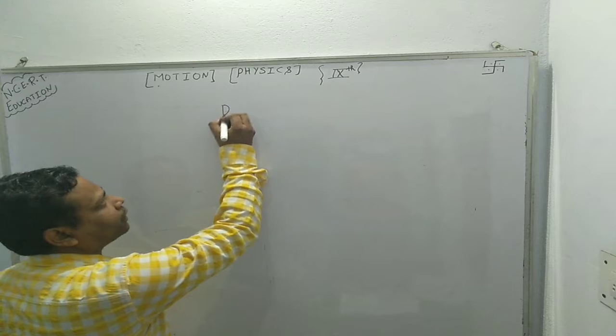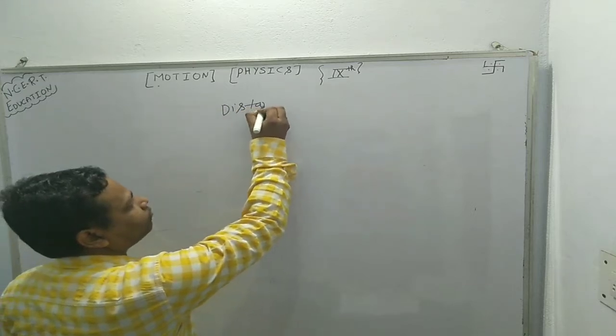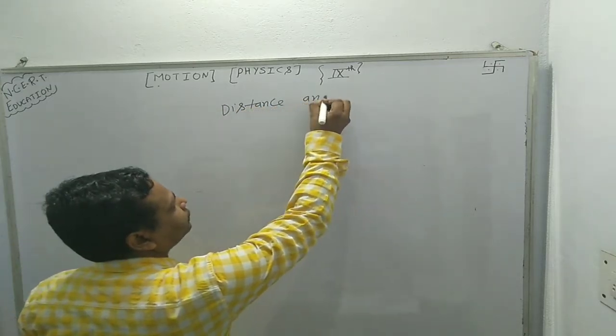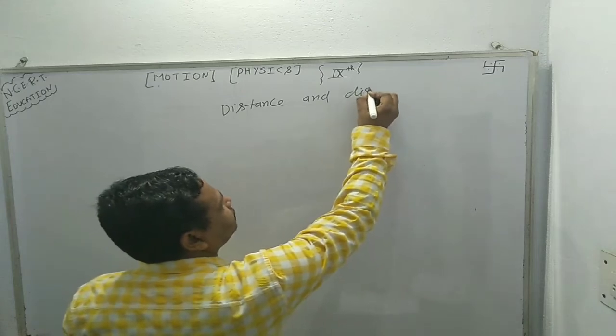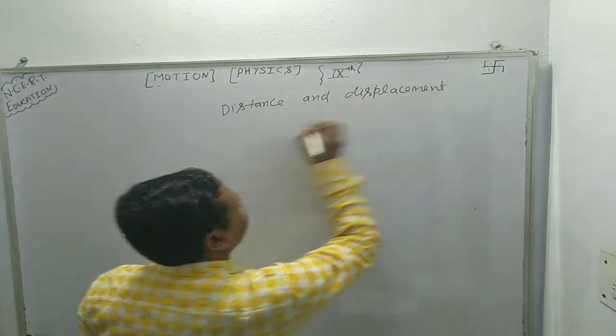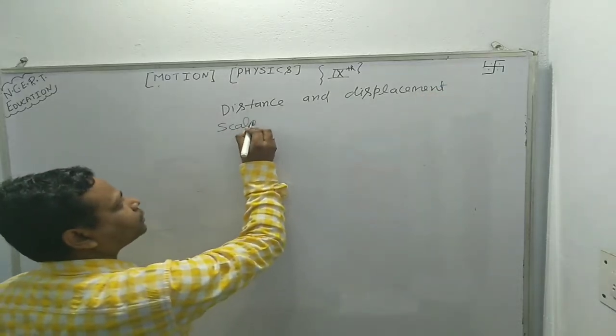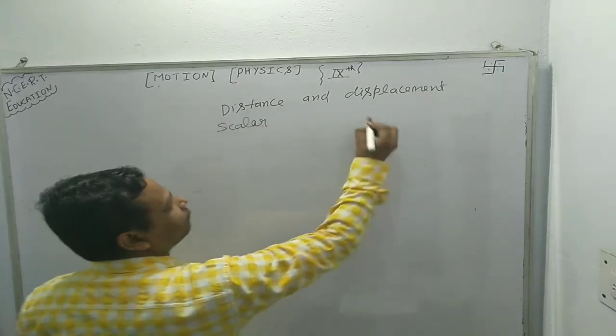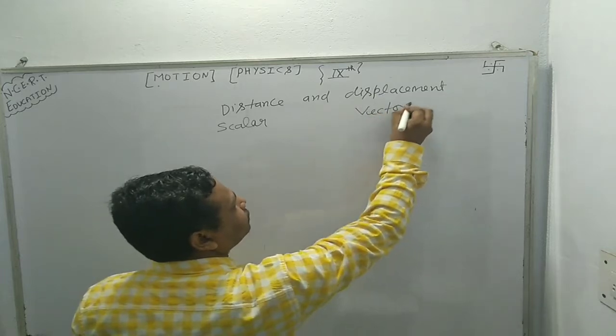Listen, distance and displacement. Distance is a scalar quantity, while displacement is a vector quantity.